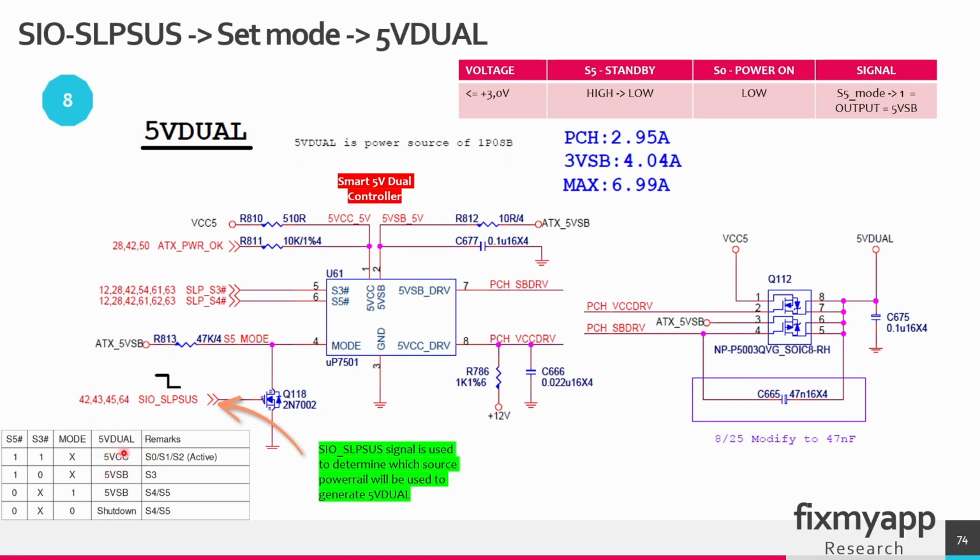So 5 volt dual can come from the 5 volt VCC or from the 5 volt standby voltage, depending on the mode and those two sleep states. Basically, the Super I/O sleep suspend signal is responsible for determining the destination voltage for this 5 volt dual. So it comes from the 5 volt VCC or the 5 volt standby voltage from the ATX power supply in standby mode.